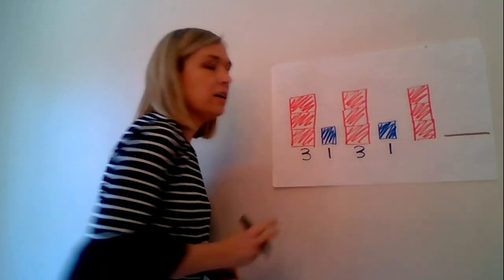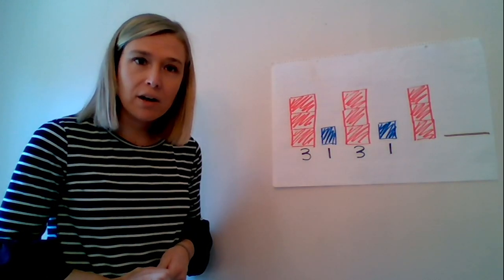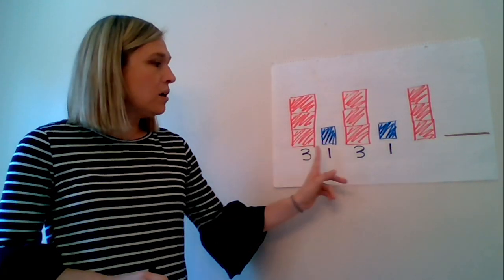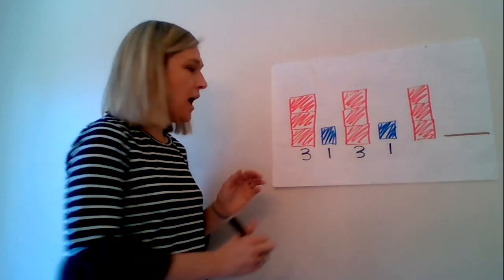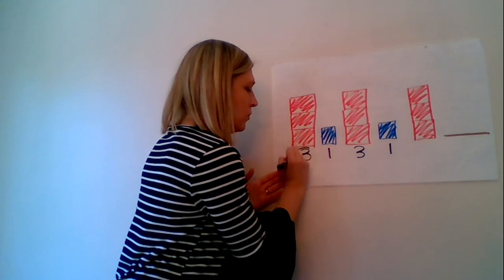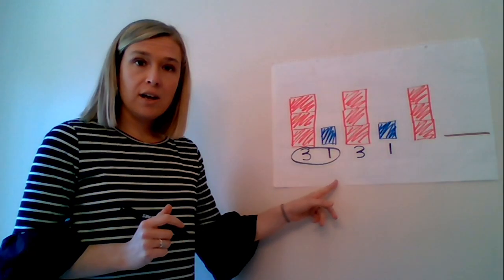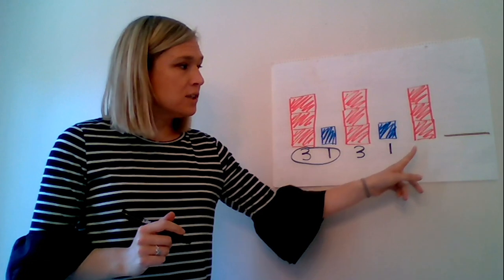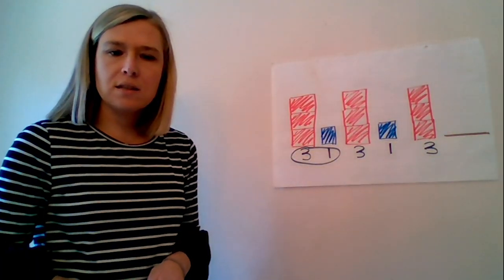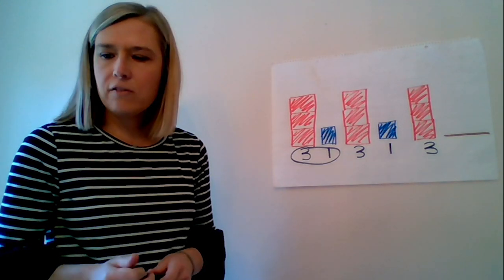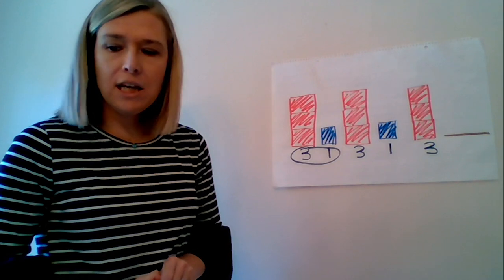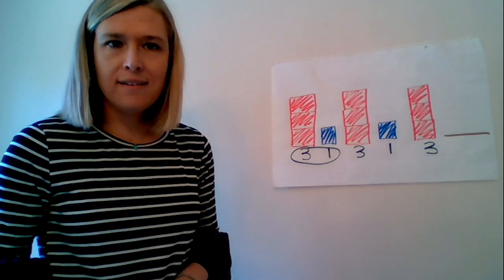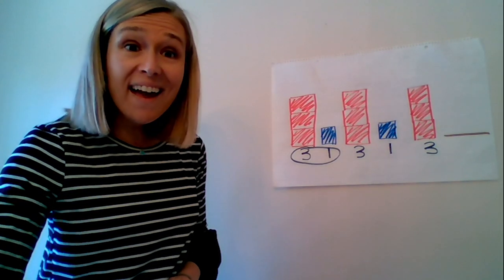We just took our pattern and turned it into a number pattern. So we had 3, 1, 3, 1, and our core was that 3 and 1. So we have a 3. And then for our last box, how many cubes do I need? 1!